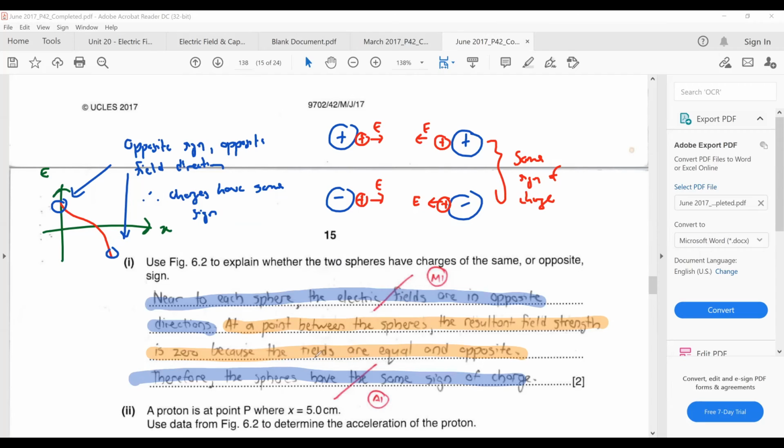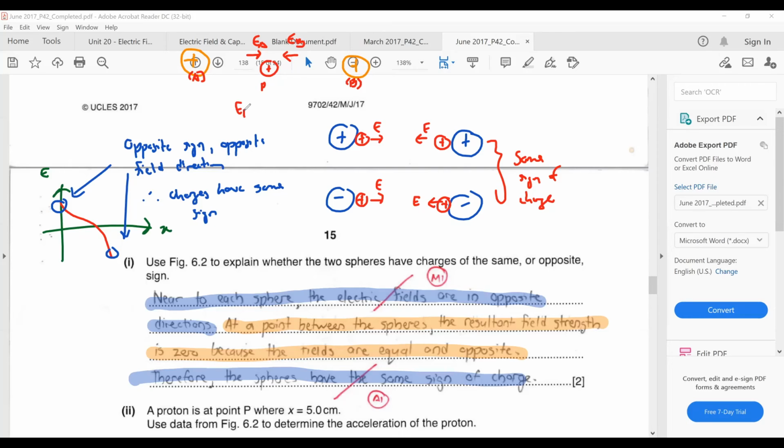Now, if you see that the resulting field strength is 0 at one point, that could also tell you that the signs are the same. The idea was this: if this one is positive and this one is positive, I put a positive test charge here. If I say this is sphere A and this is sphere B, the field strength at point P is due to A and B combined together. So this one will be EA, and this one will be EB.